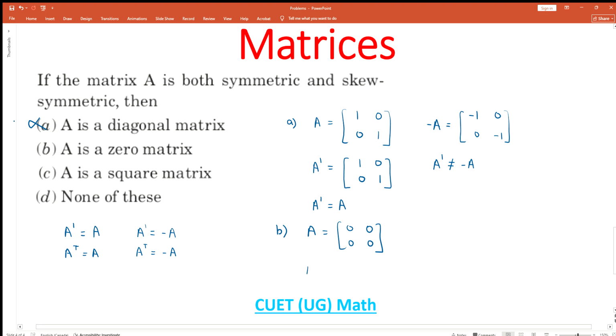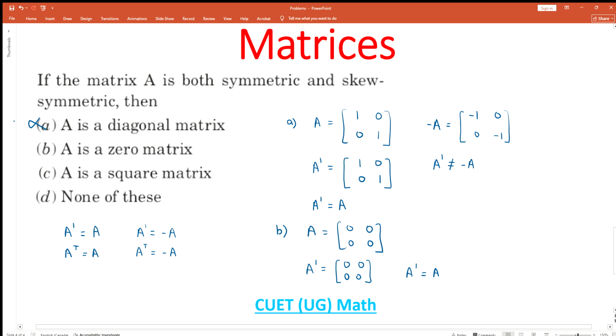The transpose of this matrix will be equal to 0 0 and 0 0 because we just switch the rows and columns. So we can conclude that the transpose of matrix A is equal to matrix A. Therefore, matrix A is symmetric.